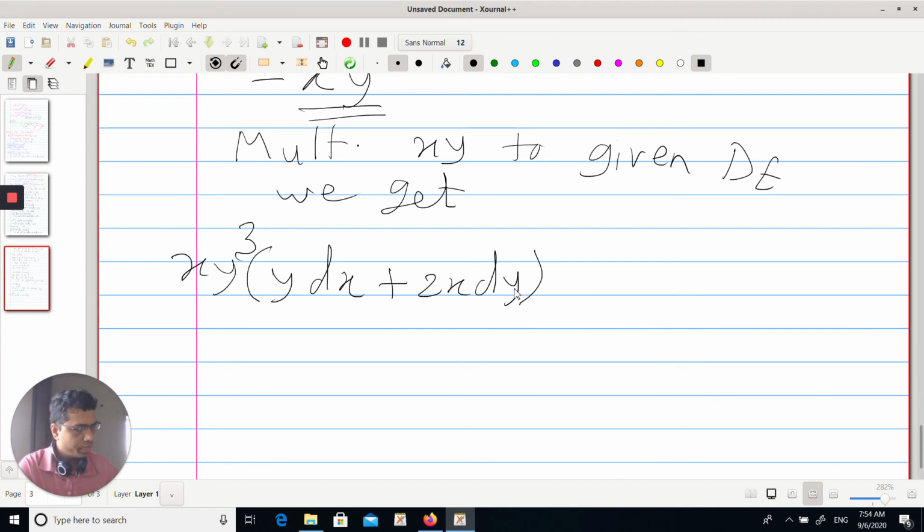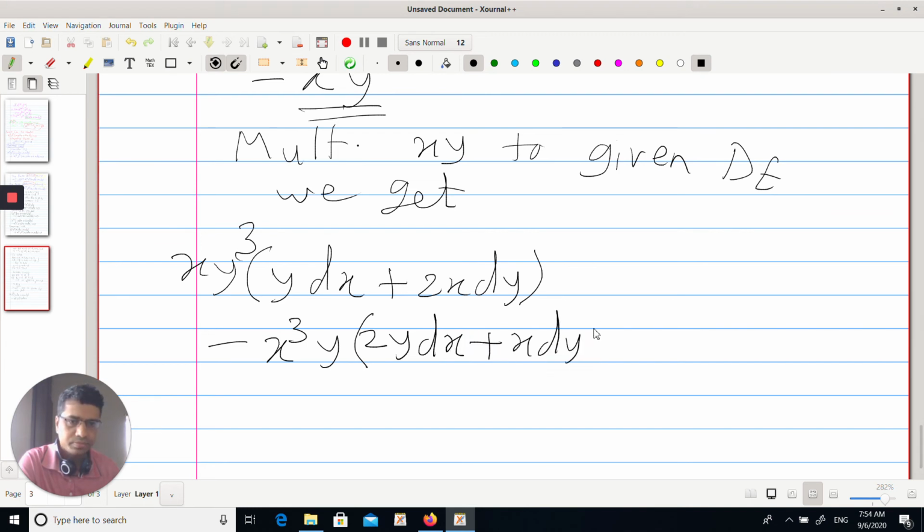Similarly, we multiply the second factor by xy; it was x square into 2y dx plus x dy, so after multiplication by xy it will be x cube y into 2y dx plus x dy, equal to 0.